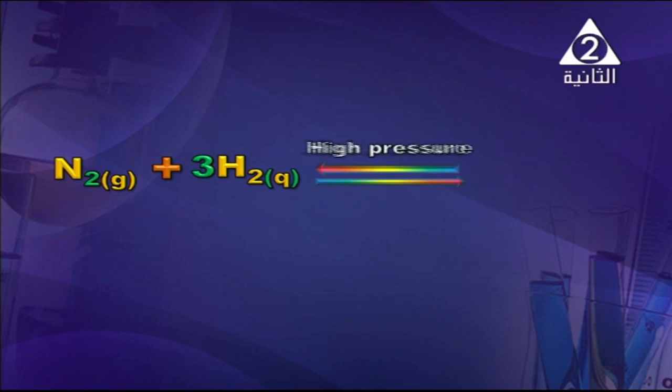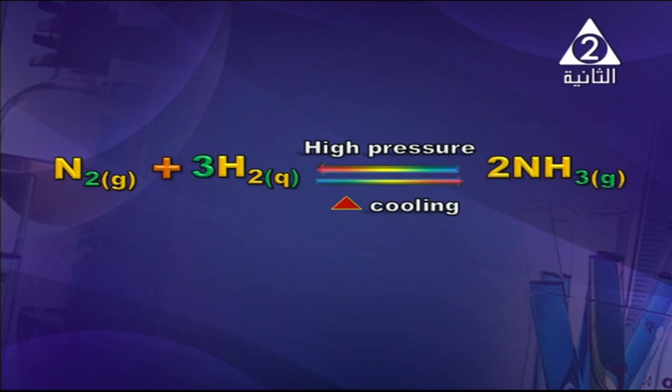As the equation on the screen shows, nitrogen plus hydrogen, under high pressure and high temperature and then cooling, gives ammonia gas. Here the reaction is exothermic and delta H is negative 92 kilojoules.